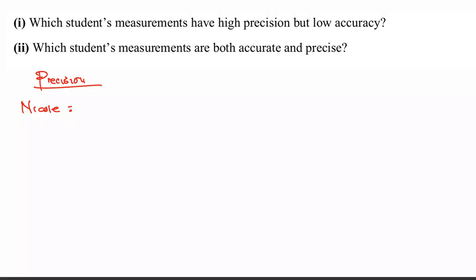So we subtract those: 36.1 minus 35.4, you're going to get the value of 0.7 grams. This is the length that we are finding. Precision, you find the range, which is the difference between the largest value minus the smallest one.